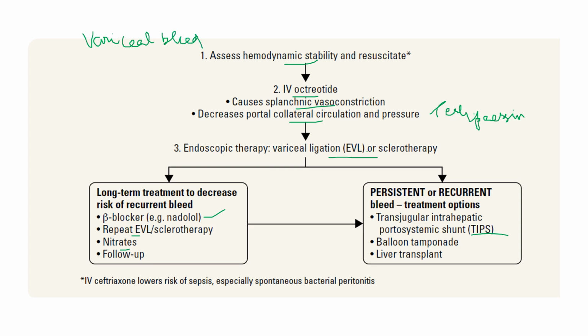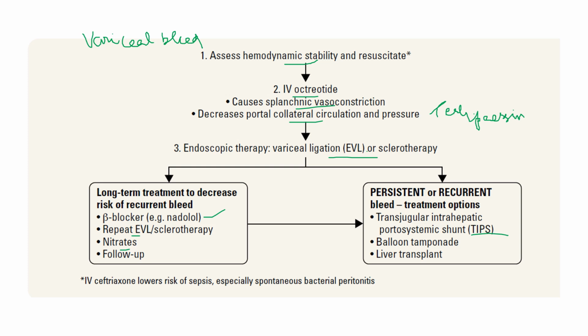You can do TIPS. That is transjugular, from the term itself. So through the jugular you are going, intrahepatic, inside the liver, portosystemic shunt. Mainly the liver's blood supply is coming by the portal system, so you are doing a portosystemic shunt.